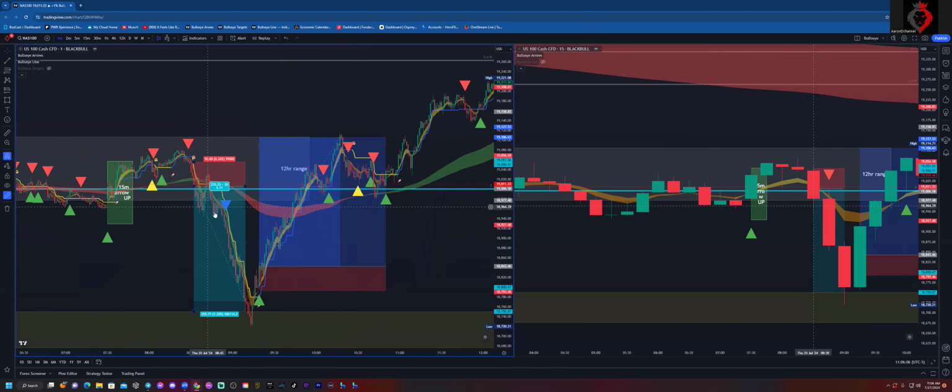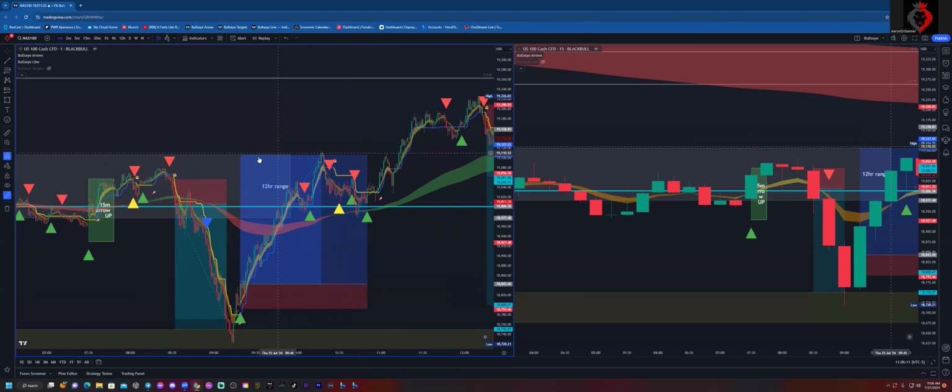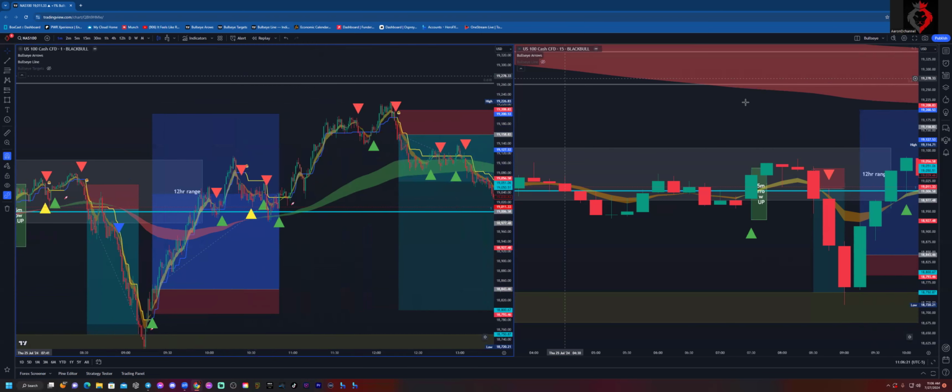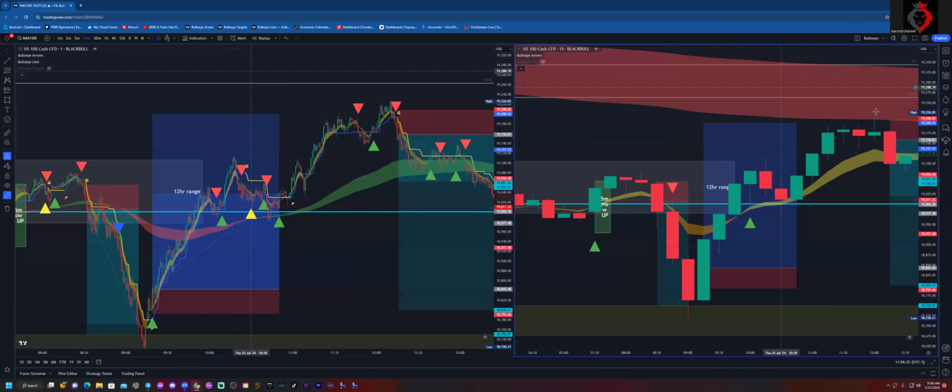So price falls for 250, and then price just totally rallies and hits almost a 400-point rally. It's 350, so that's 7% if you held it. And then now, if you pay attention, we touch the 15-minute cloud here.